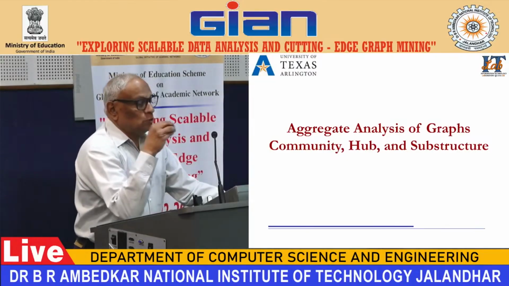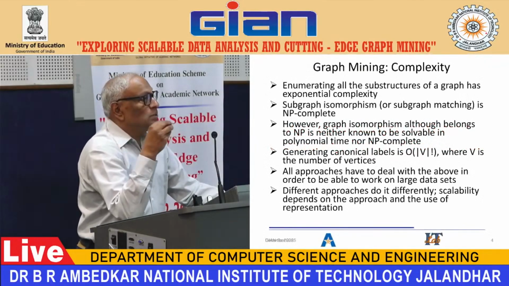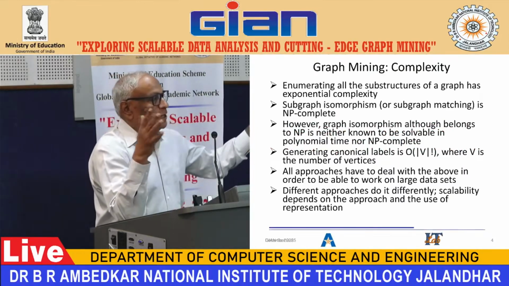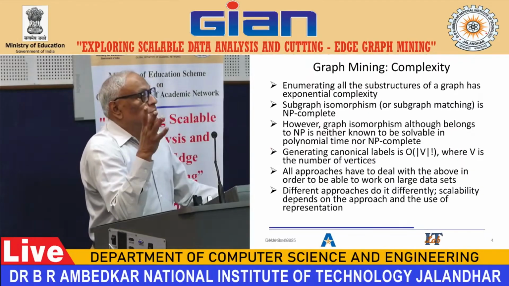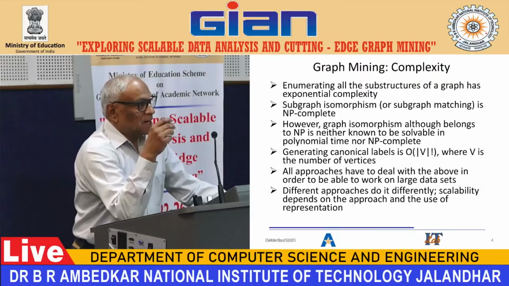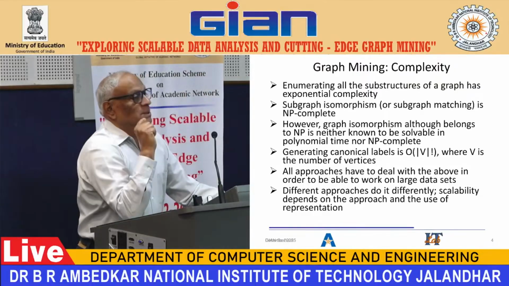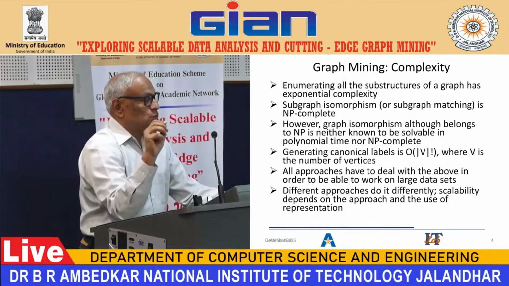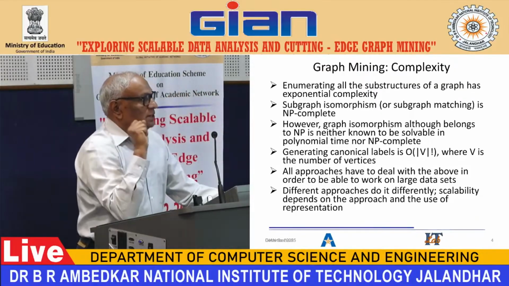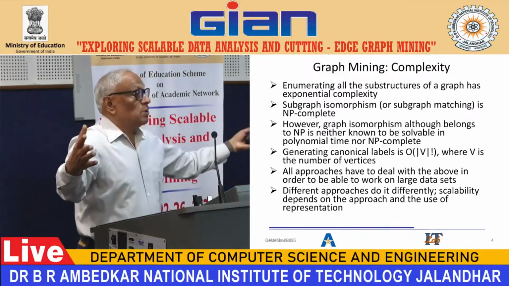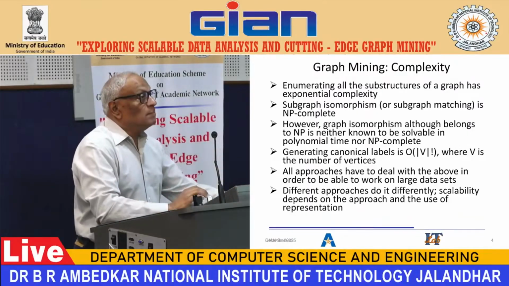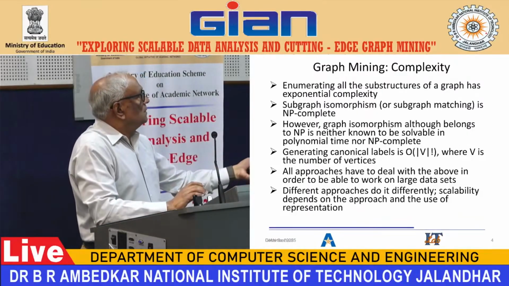If you want to systematically enumerate all subgraphs from a given graph, suppose you have a graph of 50,000 nodes and 100,000 edges, you have to enumerate subgraphs of size 1, that is one edge, all subgraphs of size 2, all subgraphs of size 3. That's an exponential problem, so this is very computationally intensive.